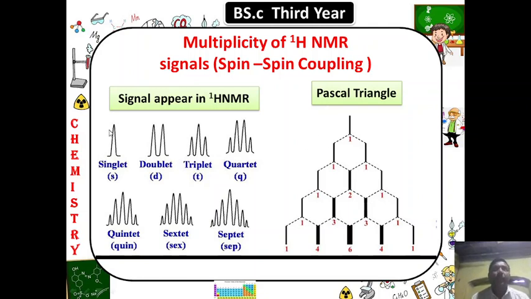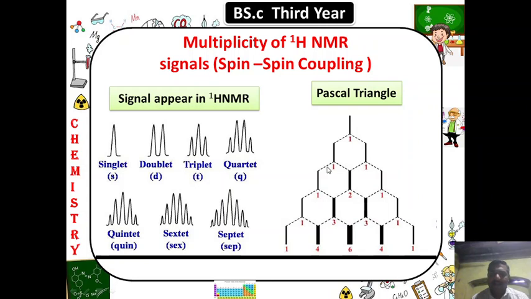If the neighboring proton is 1, then n plus 1 equals 2, so two signals arise, and the intensities of these two signals are the same.